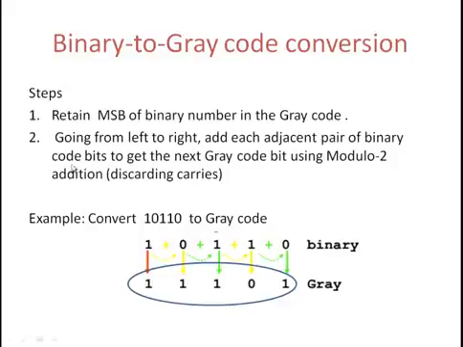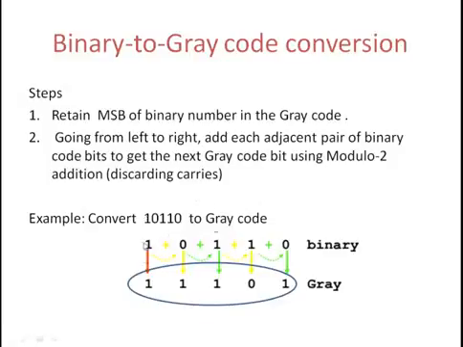MSB is retained. Second, going from left to right, add each adjacent pair of binary code bits to get the next gray code bit using modulo 2 addition. Modulo 2 addition is that type of addition in which we retain only the sums and carries are discarded.